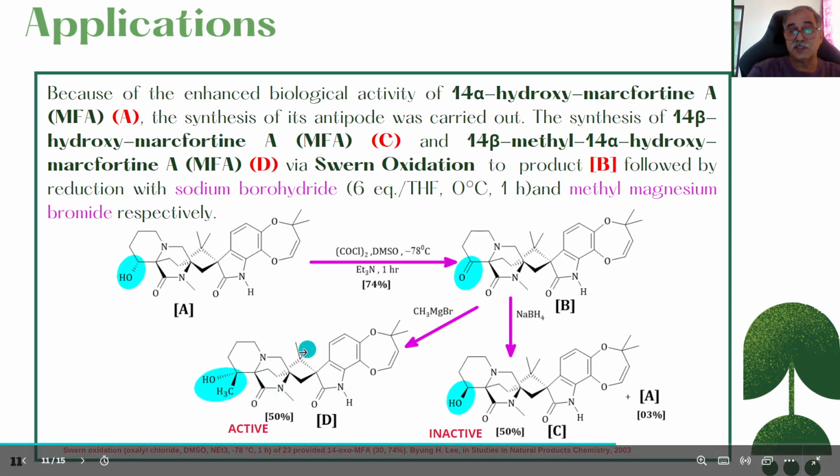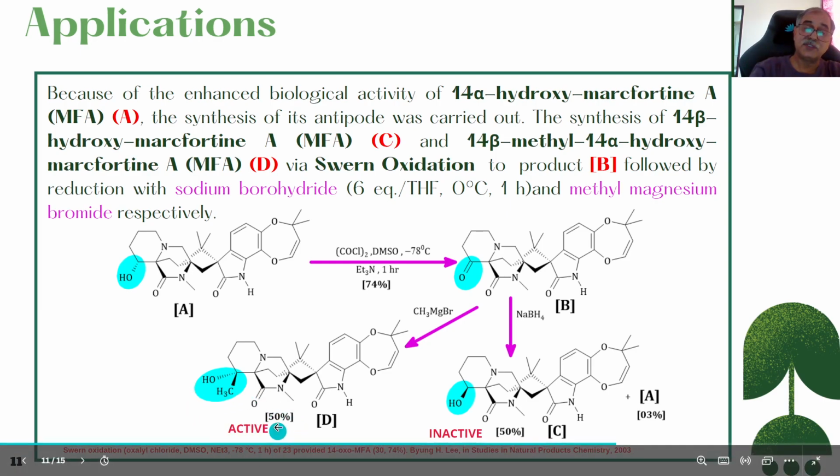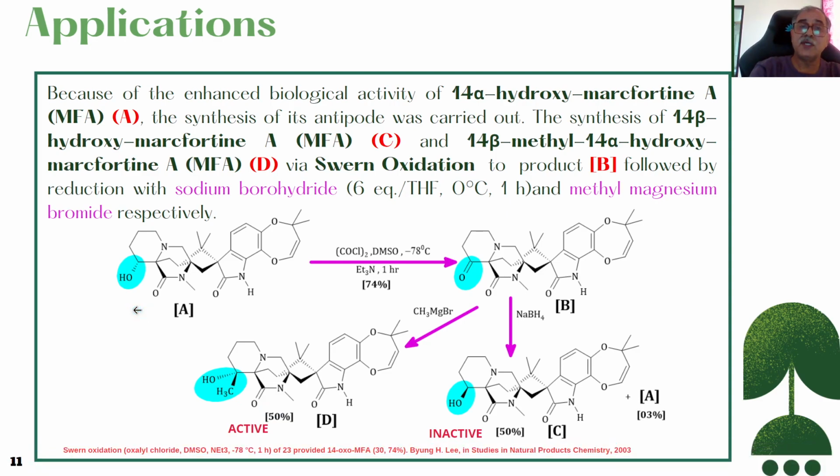This was synthesized, and 50% product having this hydroxyl in alpha position was synthesized, and it was found to be biologically active, as was the starting material. So we can synthesize many types of biologically active compounds through Swern oxidation.